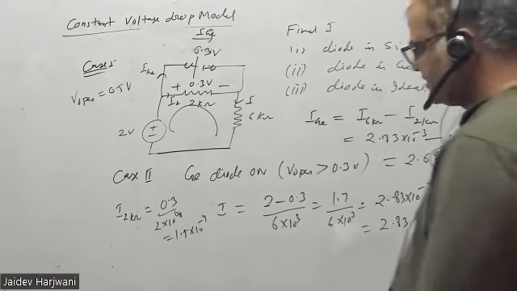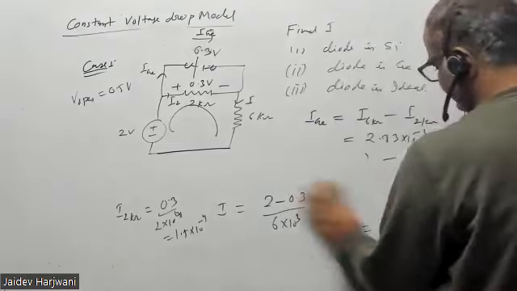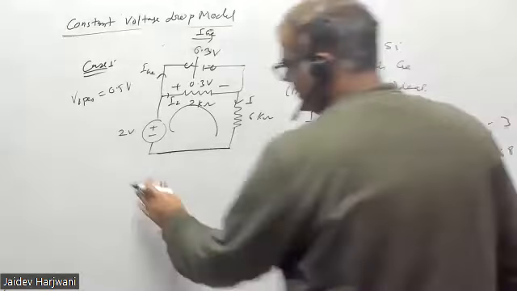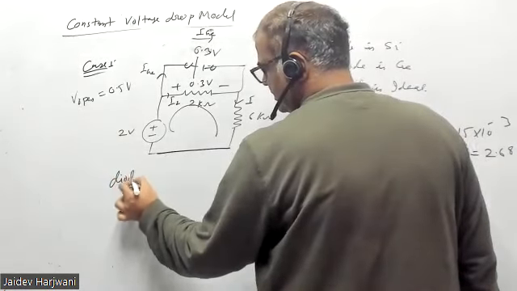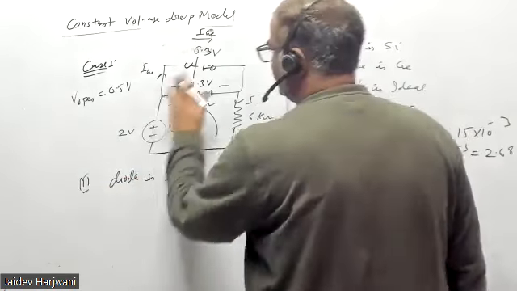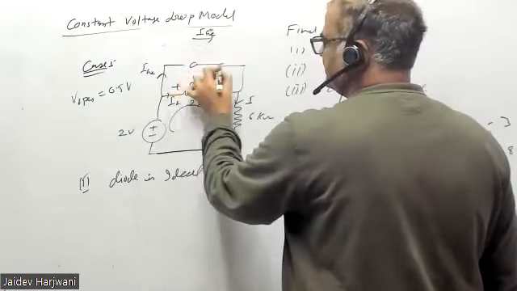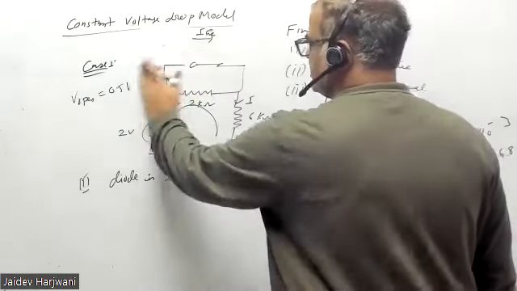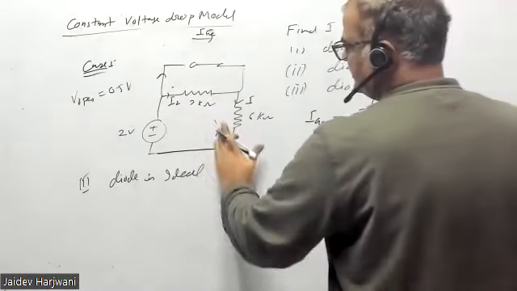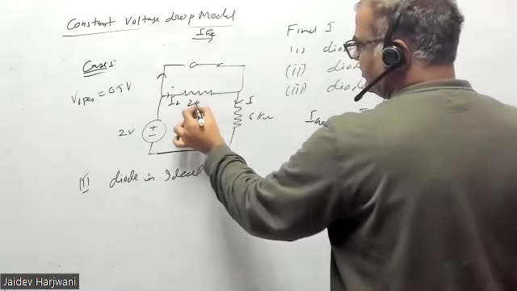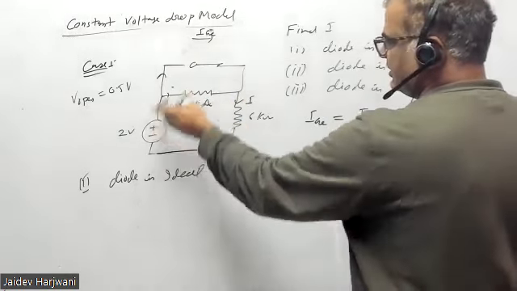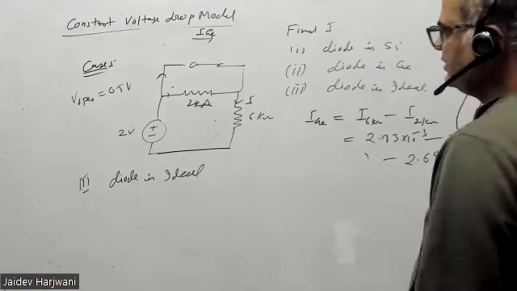The last case, diode is ideal. Ideal means it will be replaced by a short circuit. If it is short circuit, that means there will be no current flowing through the 2 kilo ohm.